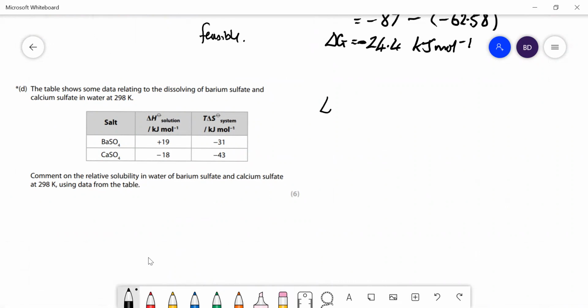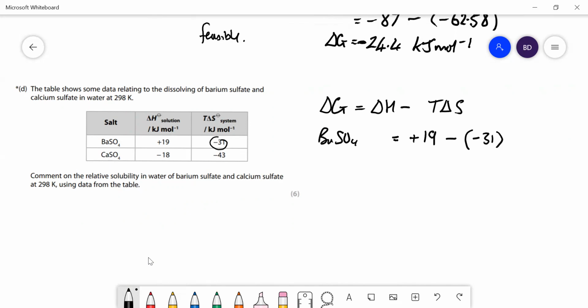Delta G is equal to delta H minus T delta S. So let's do it for barium. Delta G is equal to plus 19, and then minus, now they've converted this into kilojoules for us, we don't need to divide, minus 31, which is plus 31.